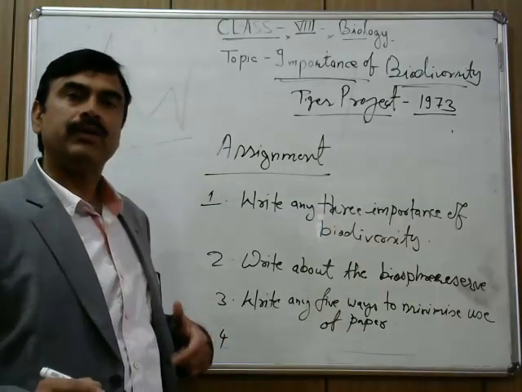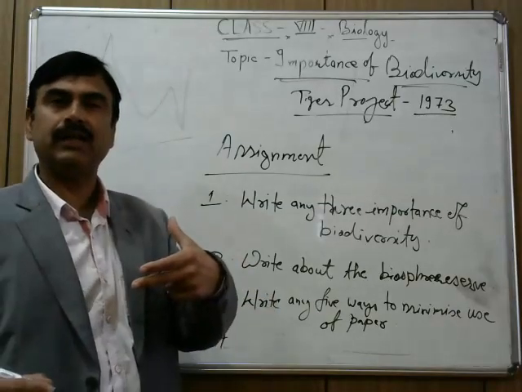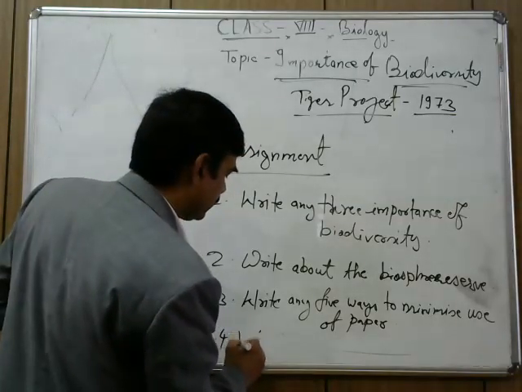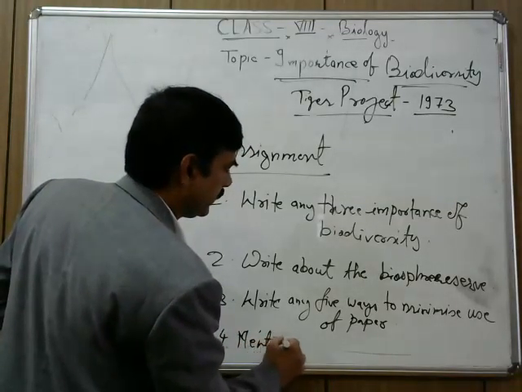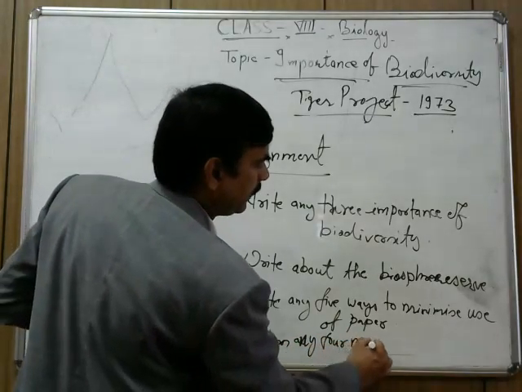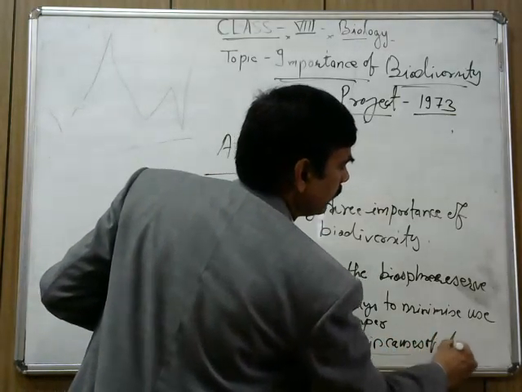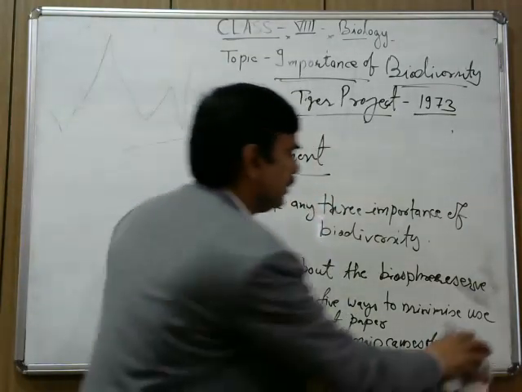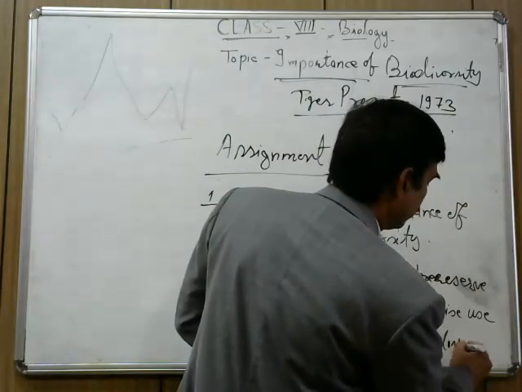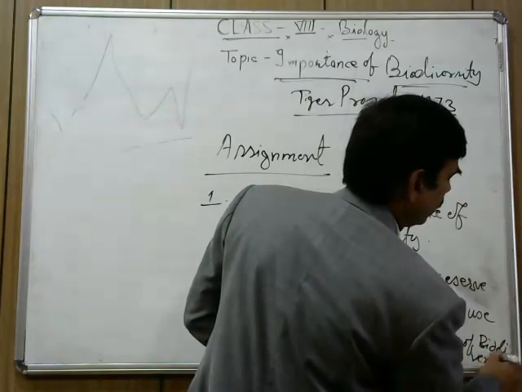At the end, you can define these words, or you can write the causes of loss of biodiversity. Mention any four main causes of loss of biodiversity.